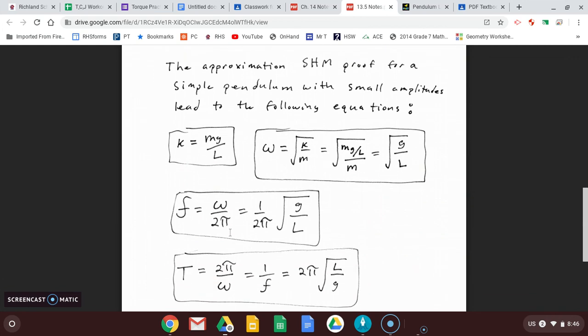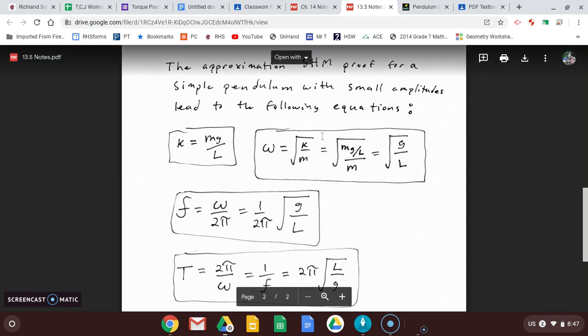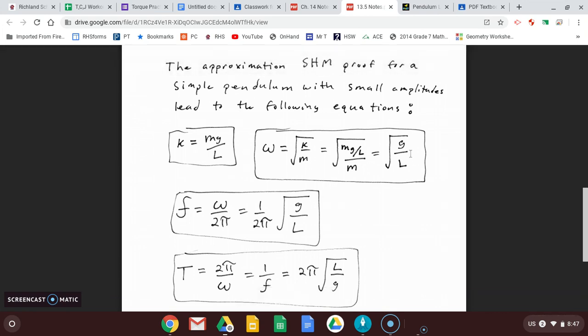As we define this, the simple pendulum constant is mg over L, and this is an old formula. The angular frequency equals the square root of the constant over m. If the constant is now mg over L, I'm going to replace that here and clean it up. We can see an m and an m cancel. So omega for a simple pendulum is the square root of g over L.